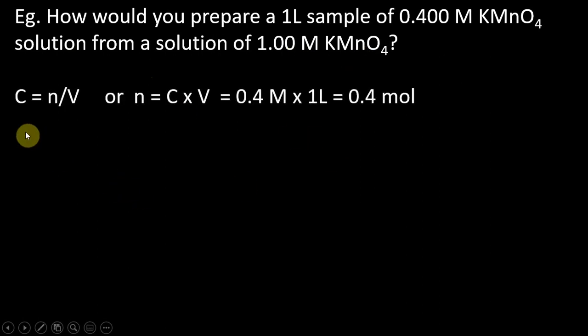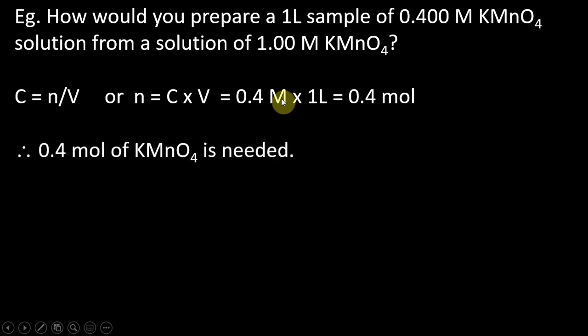All right, so the concentration equals the number of moles divided by the volume, or n equals C times V, right? So the number of moles from our known concentration, what we're going to need, is the 0.4 times the 1 liter, which gives us 0.4 moles of potassium permanganate.